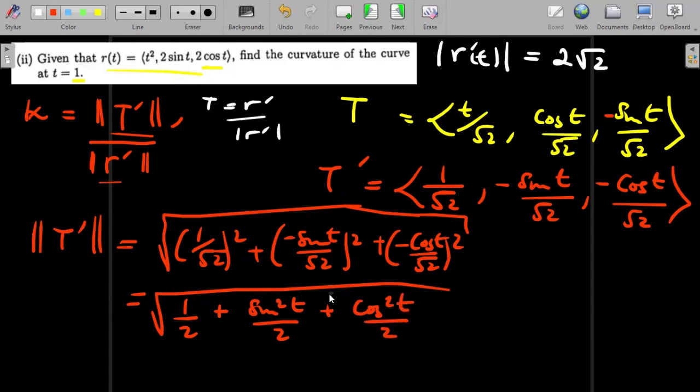And from here, I can easily factor out my 1 over 2.